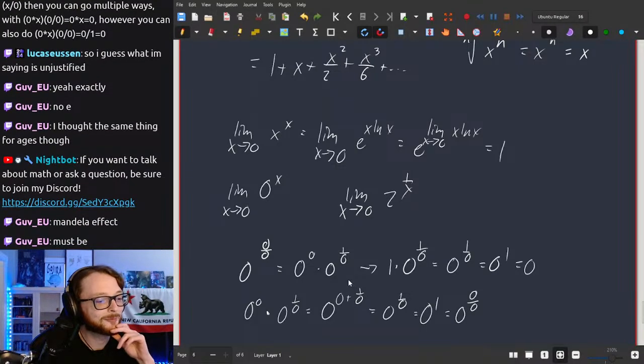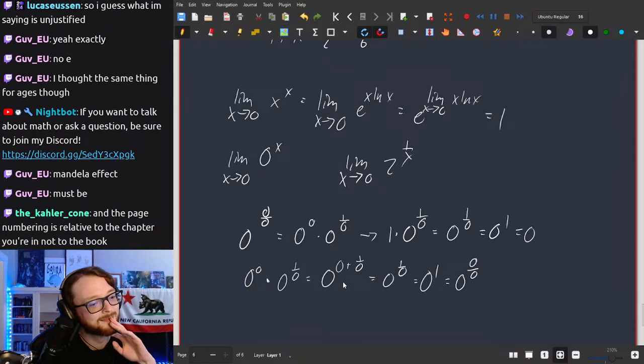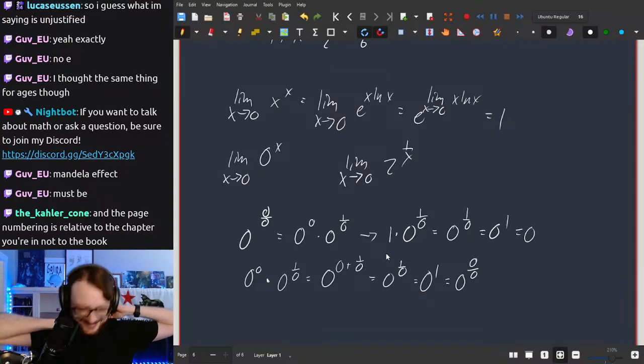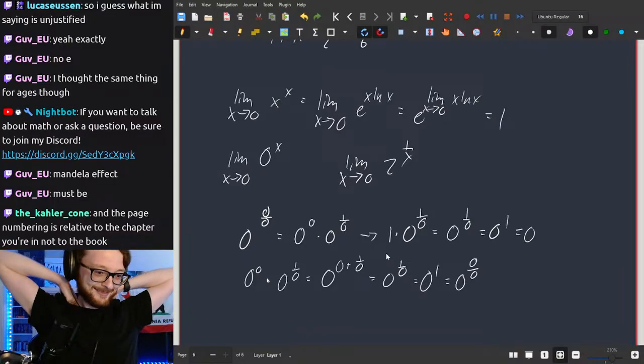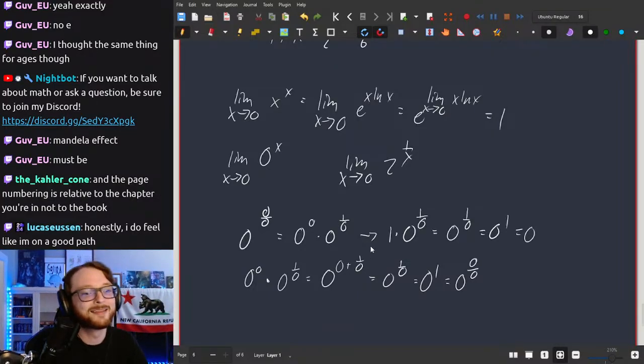Yeah, that's the term. The page number is relative to the chapter you're in, not. Is that made to torture people? That has to be like the least successful way to organize a book.